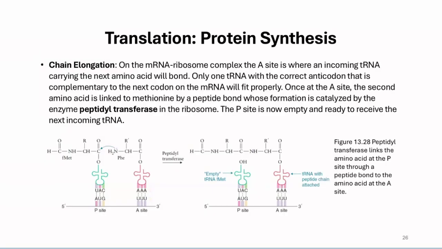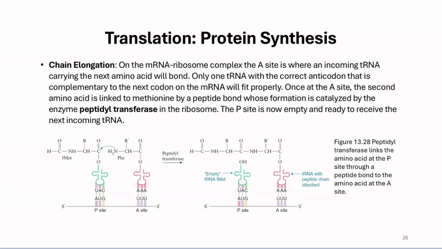Understand that the amino acid that we see here, phenylalanine, is determined by the codon that is going to base pair with the tRNA. In essence, in order to make a peptide bond, the amino side of the amino acid that is sitting on the A site is going to bind to the carbonyl of the amino acid that is on the P site.